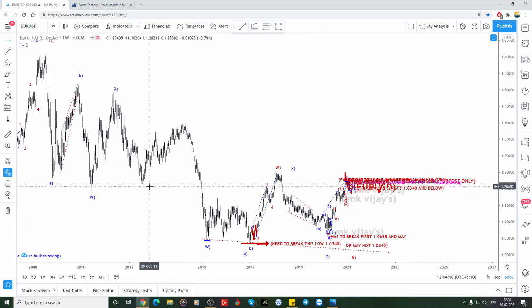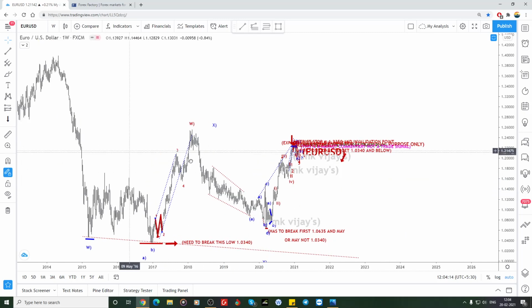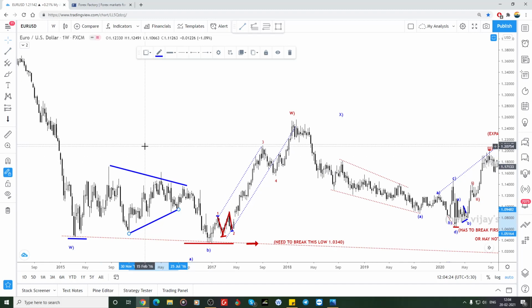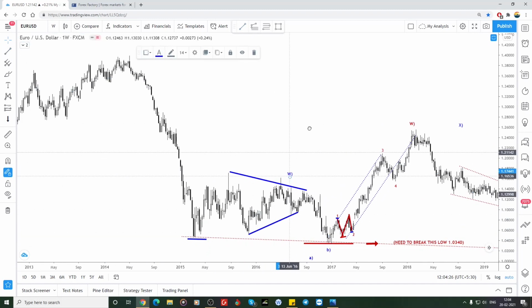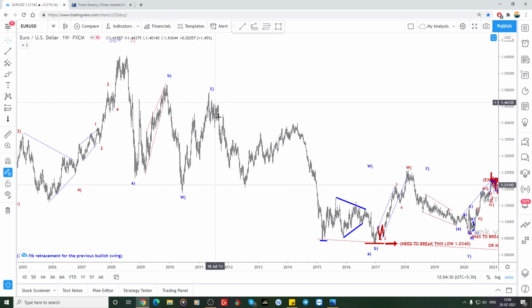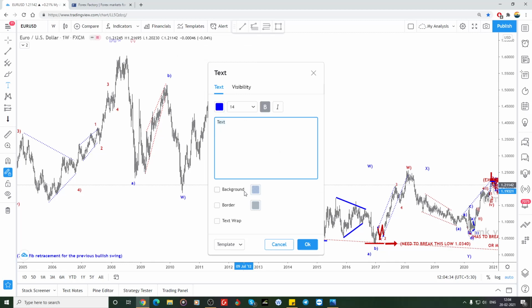Here the wave 1 ended here means this is the wave 4. 1 2 3 4 5. So this is a triangle. From here, this is a 1 2 3, 1.